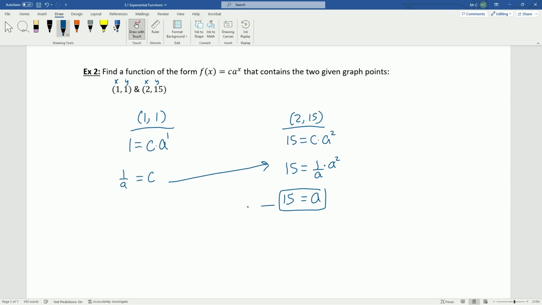And now I can take that result and plug it back into here, and that gives me c equals 1 over 15. So my final answer here is that f of x equals 1 over 15 times 15 to the x.